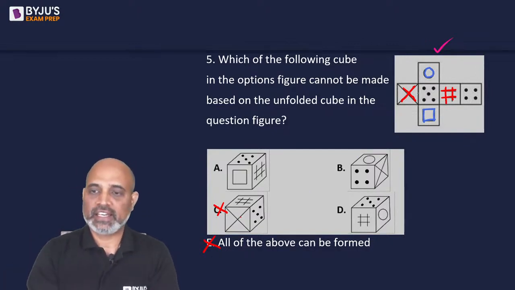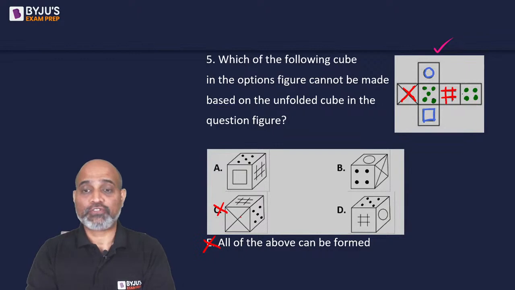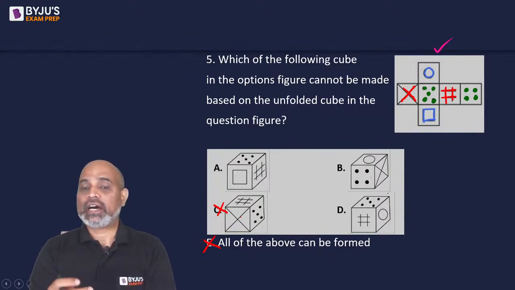Okay, let's check the next one. We have these 5 dots that look like a die's dots, and then 4 dots. So 5 and 4 should not be seen simultaneously. In none of the 3 figures are 5 and 4 both seen simultaneously. So A, B, D, all 3 can be the answer now. Now the question arises: out of A, B, D, which one will make sense?